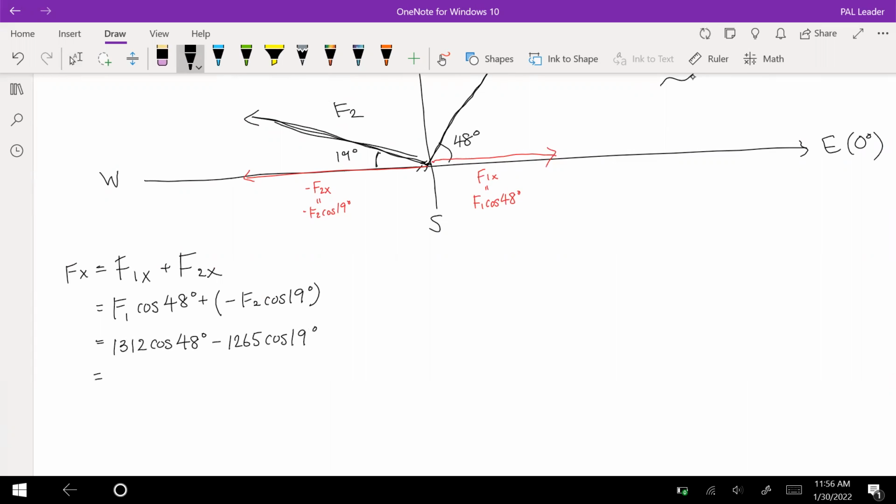And now you want to calculate that, which should come out to be negative 318.